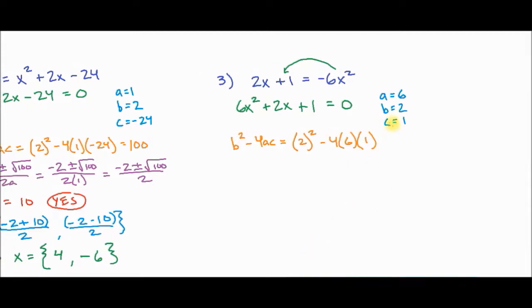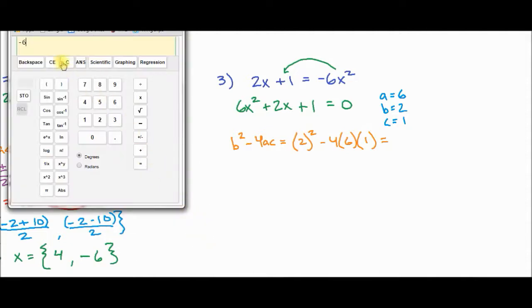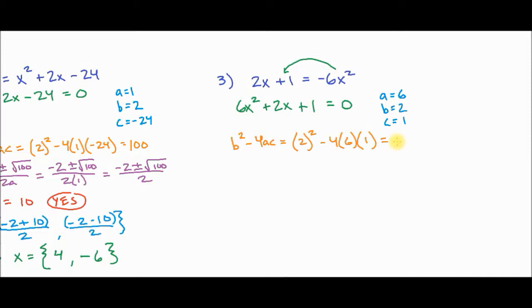Let's go ahead and put that into our calculator and see what we get. So I'm going to put parenthesis 2 close parenthesis squared minus 4, and I'll put the a value in parenthesis and the c value in parenthesis. And we end up with negative 20. So our discriminant is negative 20.